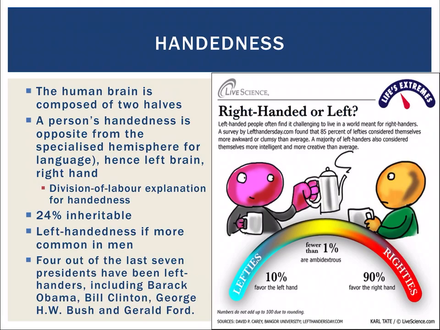So having one hemisphere that does both is much more efficient than dividing it up. That's the reason why we say that there are more right-handed people than there are left-handed people, because the right brain hemisphere is also important in fine motor control.